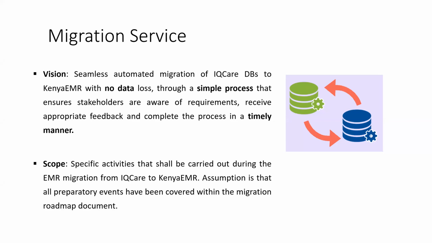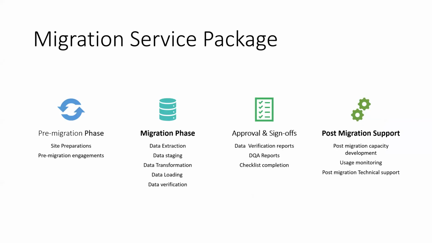So what does this package entail? The entire package has phases. There is a package for the pre-migration, which is being handled by the partner, by the stakeholders. This includes the site preparation processes and also the pre-migration engagement with the MOH and at the site level.